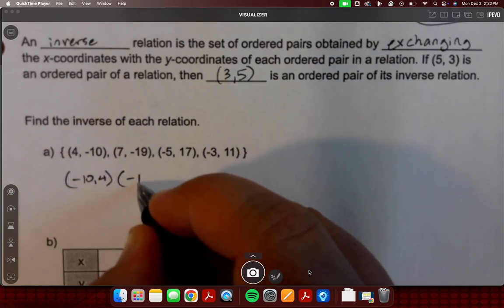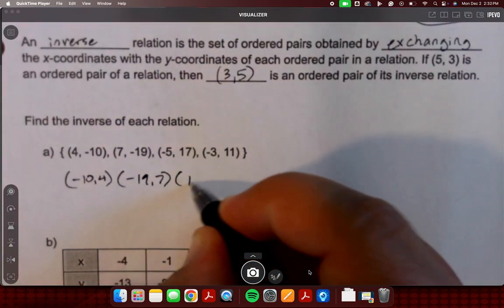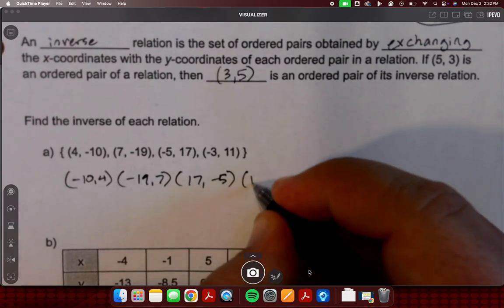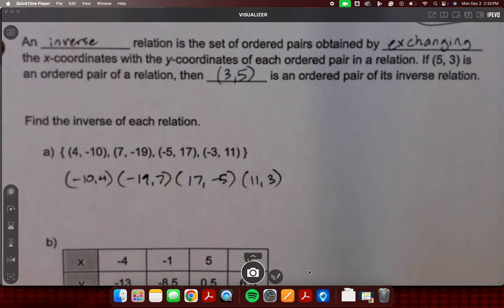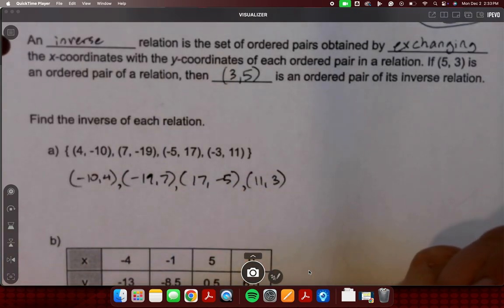Then we do it again. (-19, 7). (17, -5). (11, 3). And you do need to put parentheses around all your ordered pairs, and it's best to put commas in between them, but I'm not going to require you to do these squiggly brackets around the whole thing.